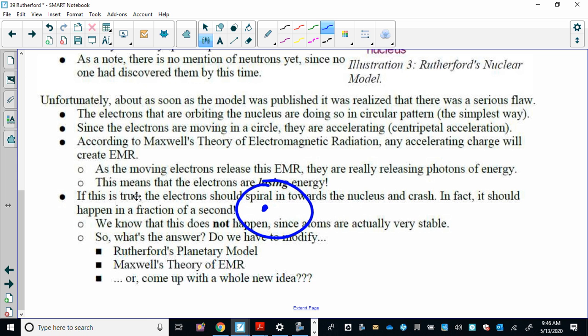As the moving electrons release EMR, they are releasing photons of energy. This means the electrons are losing energy. So if they're losing energy, they should spiral in and crash into the nucleus. But that doesn't happen. So that was one of the weaknesses of the planetary model, and that shall be answered in the next couple of lessons.